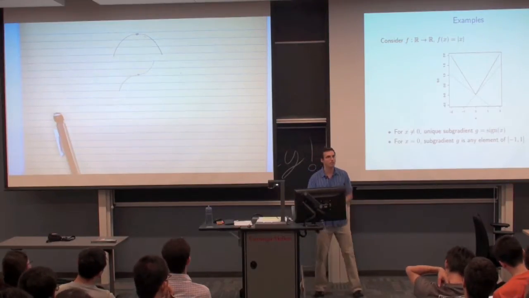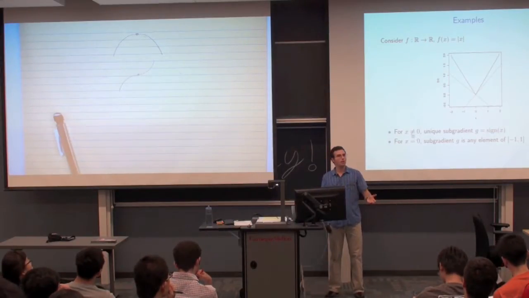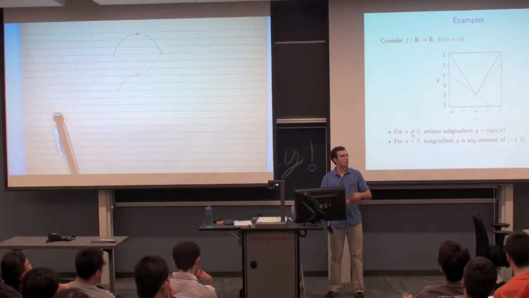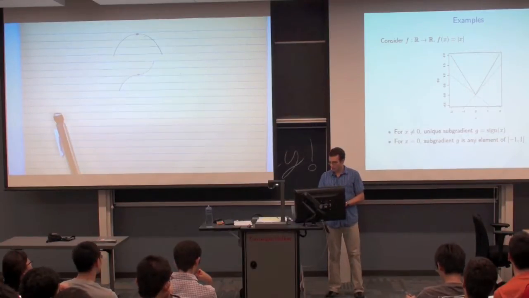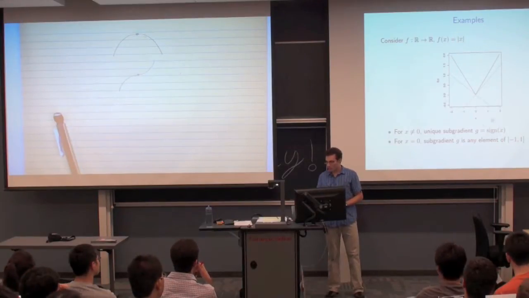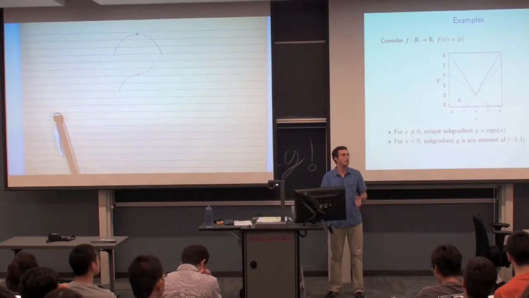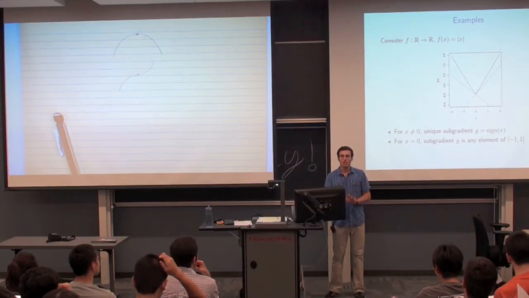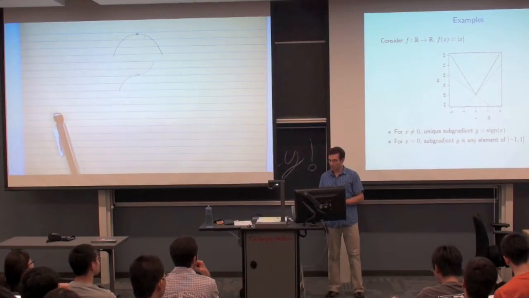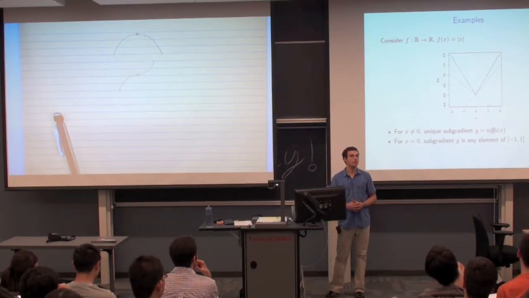So let's go through some examples. Let's look at the absolute value of x. This is something that we are going to revisit a lot. It's something we're going to use as a penalty a lot through the class, so it would be good to understand what its subgradients are. If x is strictly larger than 0, or strictly smaller than 0, it's differentiable, right? It's just linear in both those parts. So its subgradient is just equal to the slope of this line, which is the gradient, uniquely. So for any x not equal to 0, there's only one subgradient, and that's the sign of x.